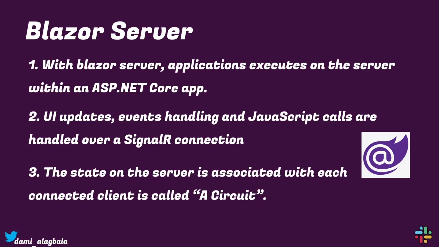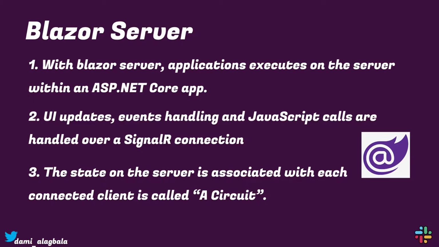A circuit can tolerate temporary network interruption, and the client will attempt to reconnect to the server when the connection is lost. So Blazor Server gives you the opportunity to connect back as a client with a reconnect feature, right? And all of this happens out of the box. Note that the only thing that ties your browser and your Blazor application together is basically the SignalR connection.